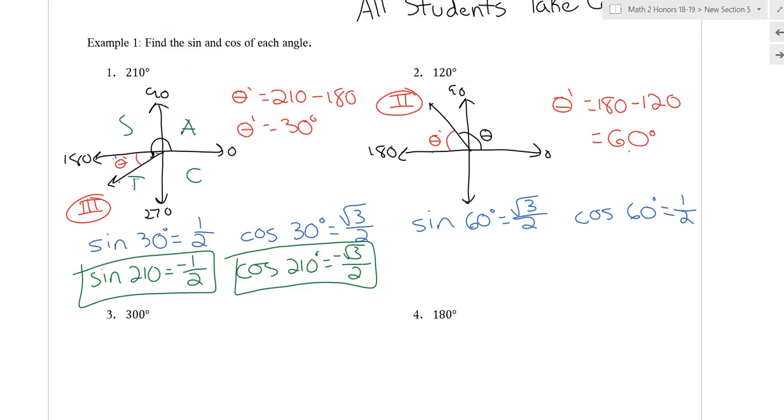Right. Then we have to think about the sign. All students take calculus, right? So this is in the second quadrant, so sine is positive. So the sine of 120 degrees stays as square root 3 over 2. The cosine of 120 degrees is negative 1/2.